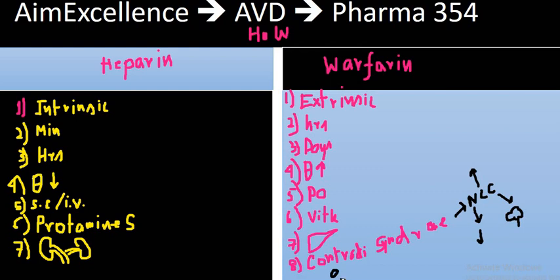And how will you monitor its effectiveness? The best test for monitoring warfarin is INR, International Normalized Ratio. But there is another test we can do, that is prothrombin time.